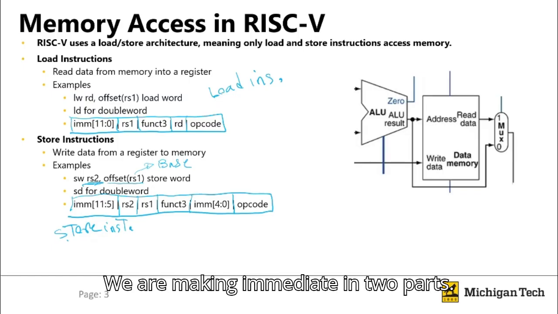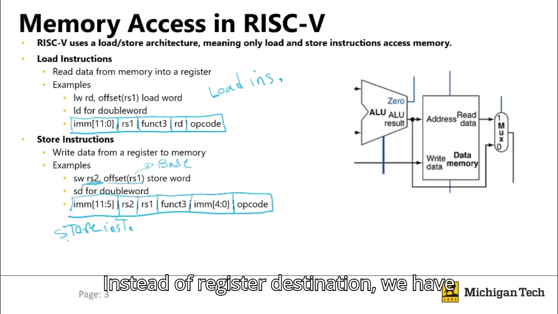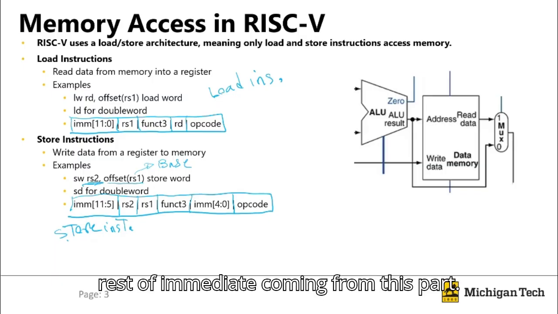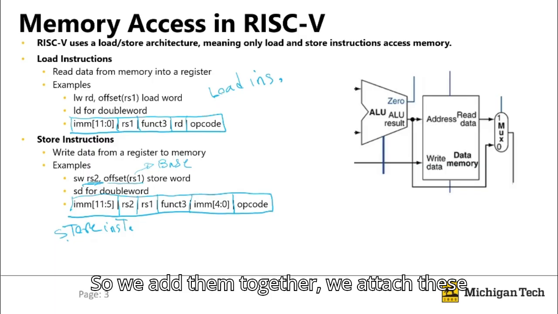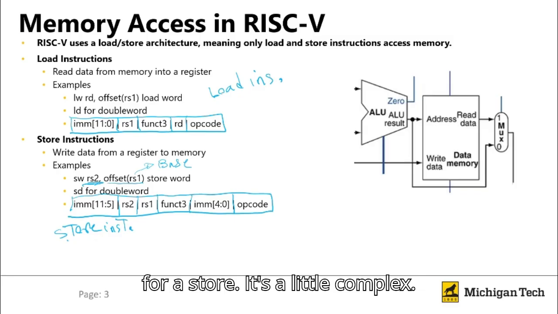We are making the immediate in two parts. Instead of a destination register, we have a 5-bit first part of the immediate, and then the rest of the immediate coming from this part. We attach these two together to make a new immediate for a store. It's a little complex.